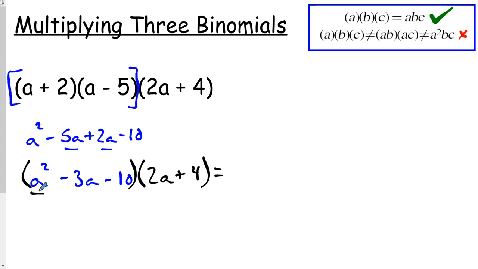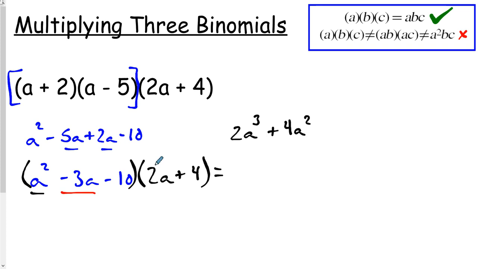So first I'm going to distribute this a squared to these two terms. So a squared times 2a is 2a cubed. a squared times 4 is plus 4a squared. Okay, next I'm going to multiply negative 3a.